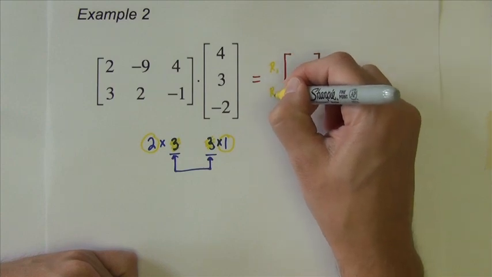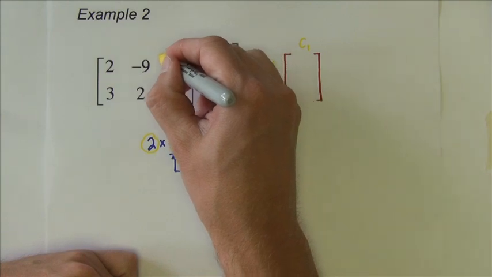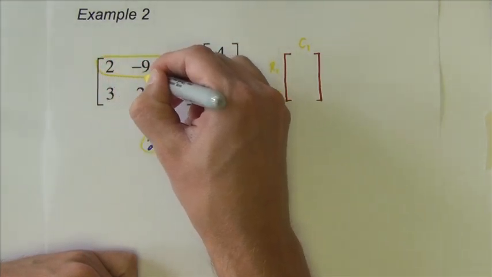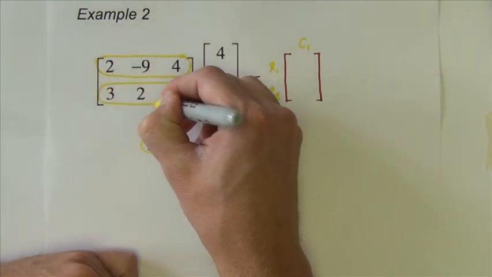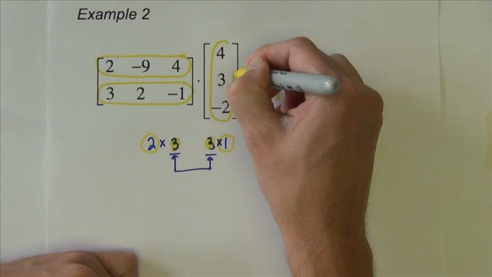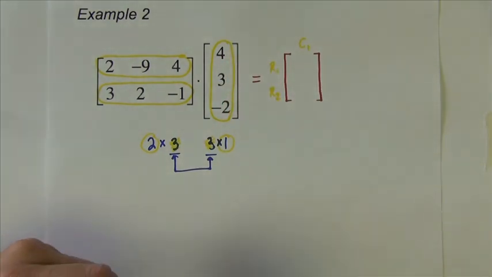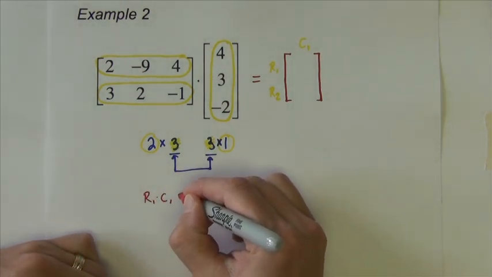Row 1, row 2, column 1. So here I'm circling rows. And I'm going to use it with the 1 column that I have. I will begin by doing row 1 times column 1.